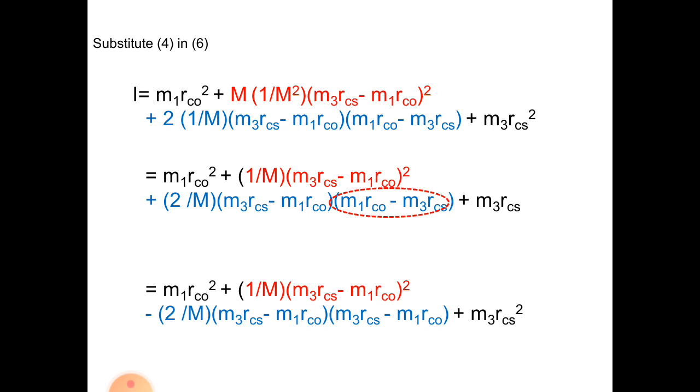Here you substitute the value of RC from equation 4. Then see the red colored dashed line circle, M1 RCO minus M3 RCS. From there you take minus sign outside and it becomes M3 RCS minus M1 RCO.